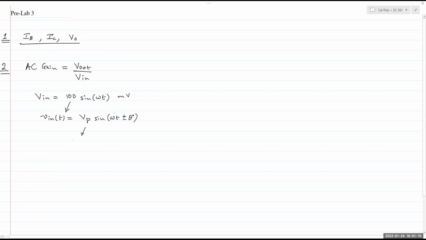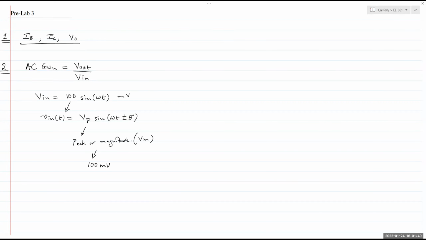Vp is the peak value, or magnitude, or amplitude of the waveform. It is also referred to as Vm. So here, this is 100 millivolts, or 0.1, if you will. So V in is given to you. All you need to do is calculate V out.